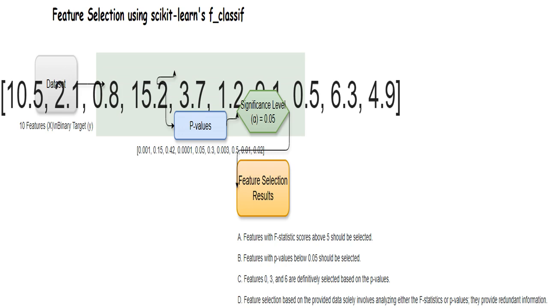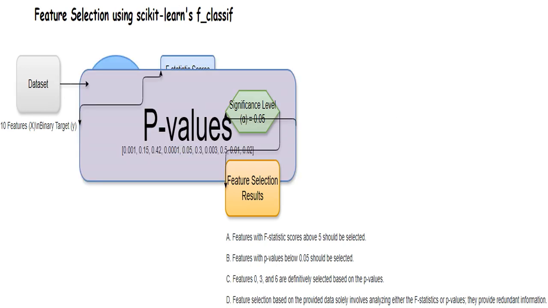The p-values are 0.001, 0.15, 0.42, 0.0001, 0.05, 0.3, 0.003, 0.5, 0.01, 0.02.